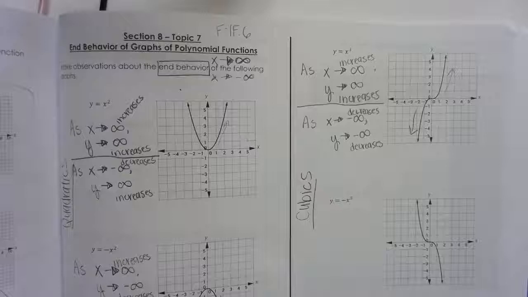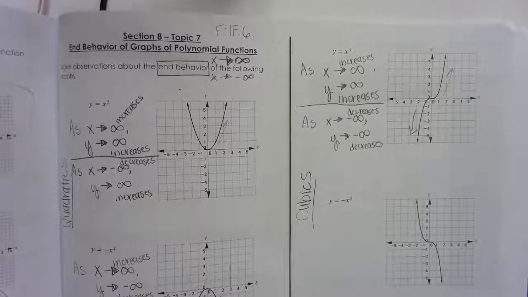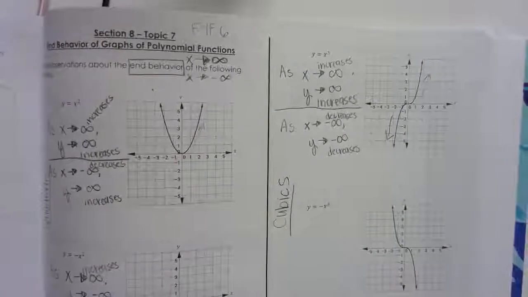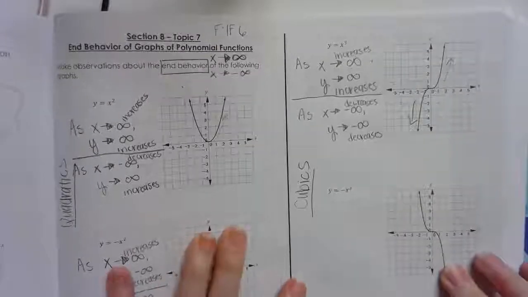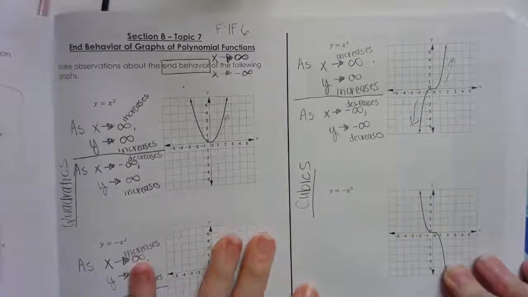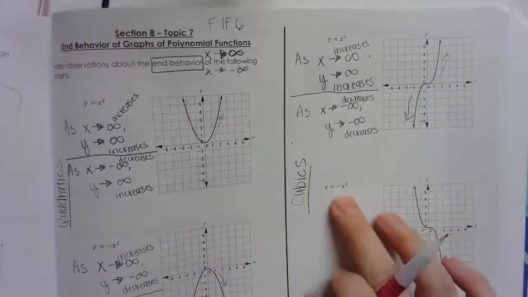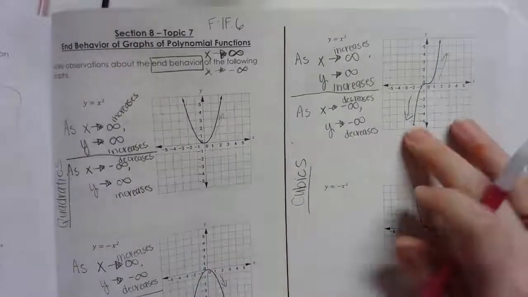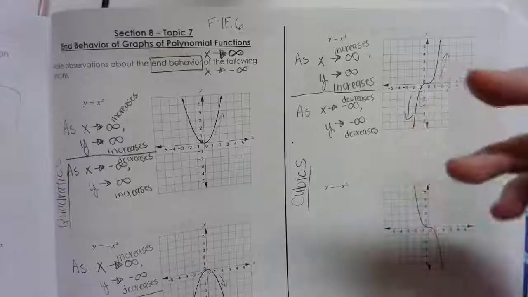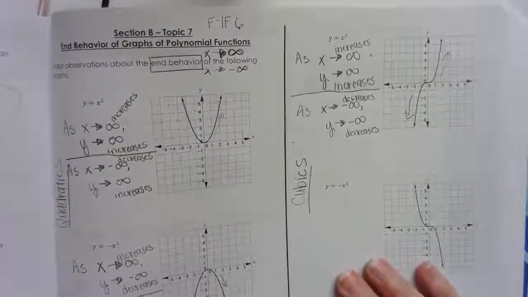All right, let's look at the bottom. So for this one, it's just backwards. Similar to a quadratic, the negative in front of the x cubed does the same transformation. It reflects it across the x-axis.